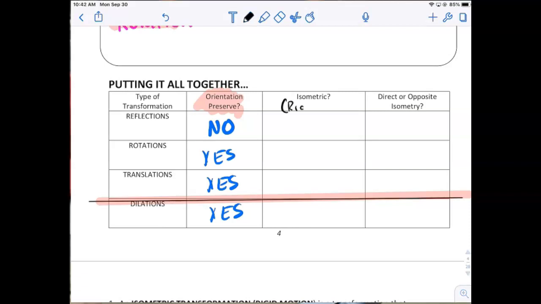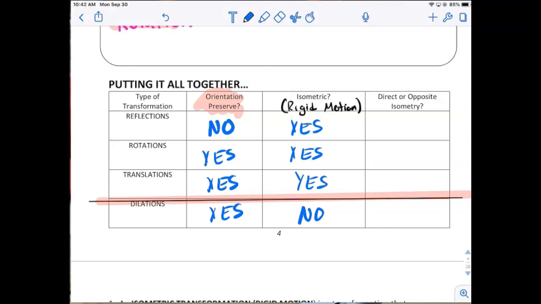Isometric, remember, means rigid motion. Is a reflection a rigid motion? Yes. Is a rotation a rigid motion? Yes. Is a translation a rigid motion? Yes. Is a dilation? No. Because they get bigger, distance is not preserved.